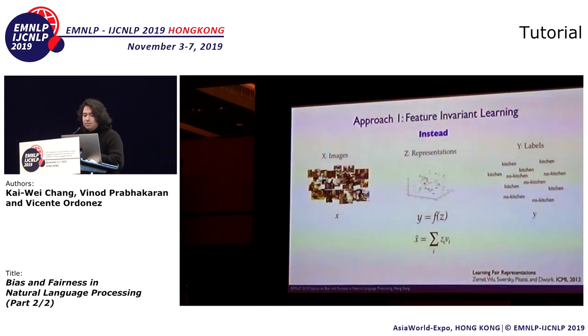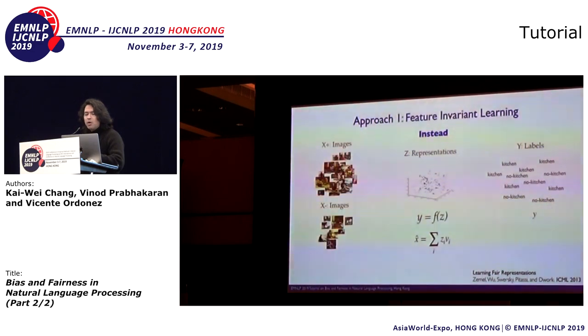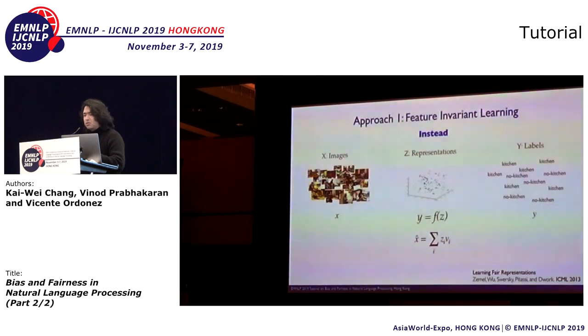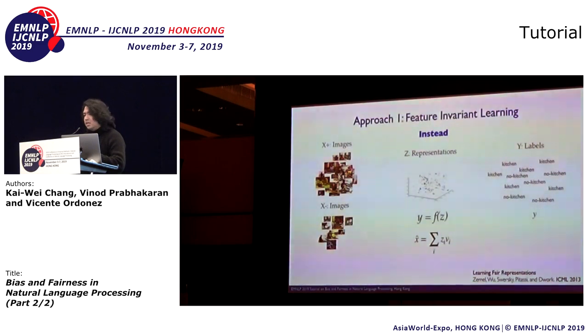Could be anything. Now, that by itself doesn't take us anywhere. This is not more fair than it was before, but it's a way of mapping from X to Y through an intermediate space Z.